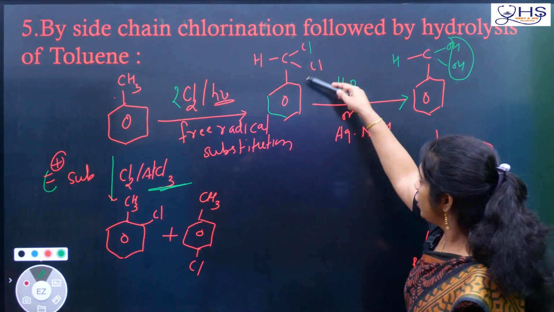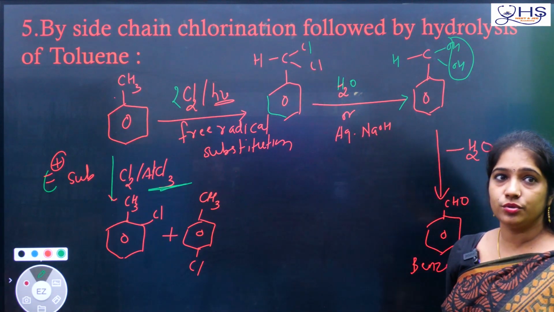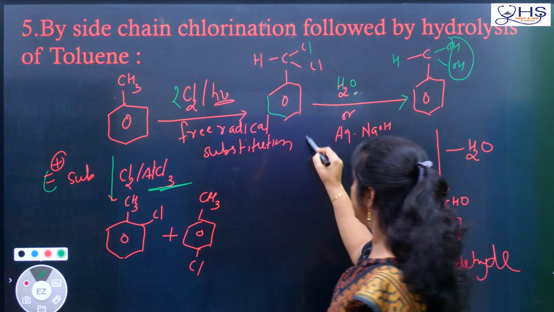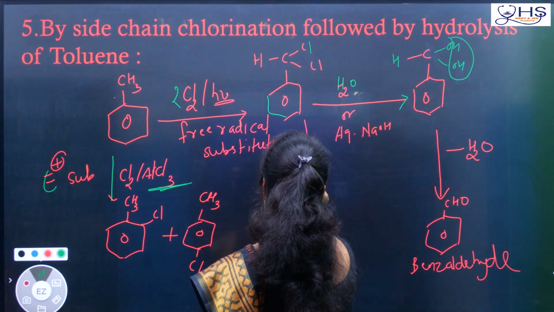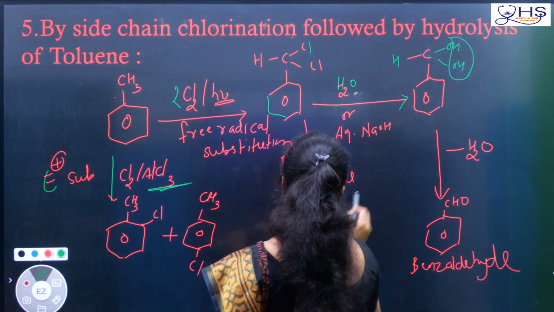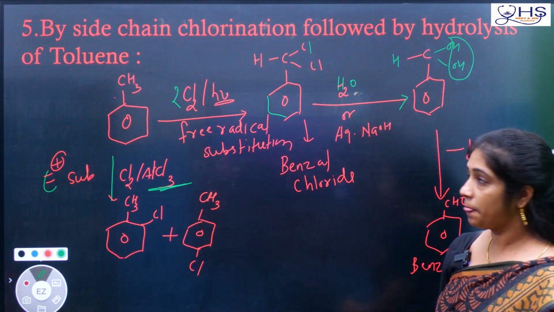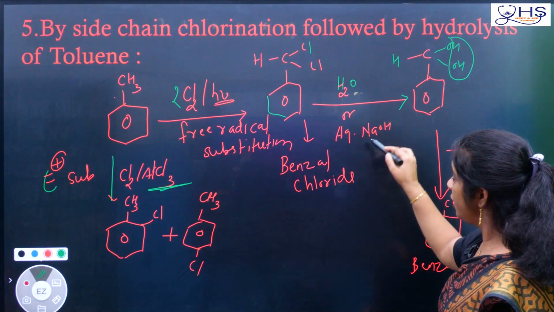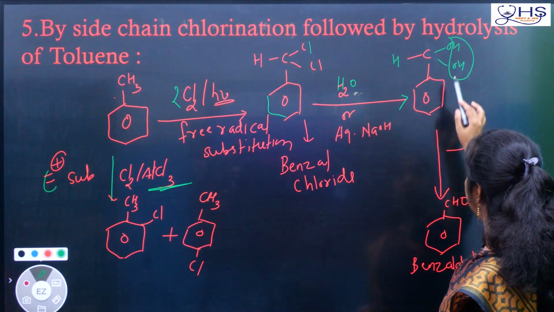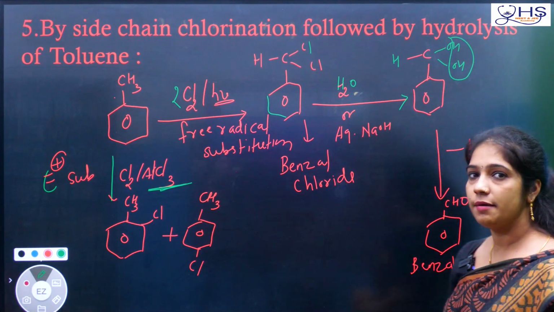Then we got both 2 hydrogens replaced with chlorine. We got this compound, known as benzyl chloride. Okay, benzyl chloride, an intermediate compound. Then on nucleophilic substitution reaction we got this, and followed by removal of water we got the benzaldehyde.